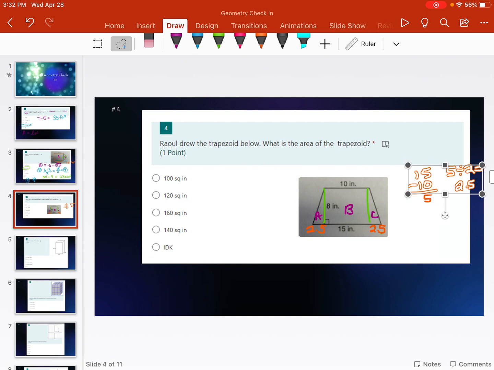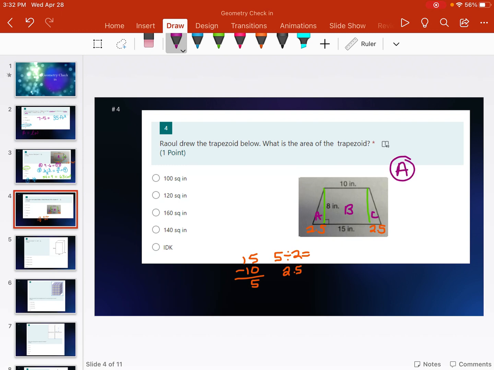Okay? So now, here I'm going to move this out of the way and we can do our work over here. So for shape A, triangle A, we have our 8 times 2.5 divided by 2. Use your calculator. 8 times 2.5 is 20. 20 divided by 2 is 10. Okay, then shape B is this rectangle. I have 8 by 10, not by 15. 15 is all the way across the bottom.